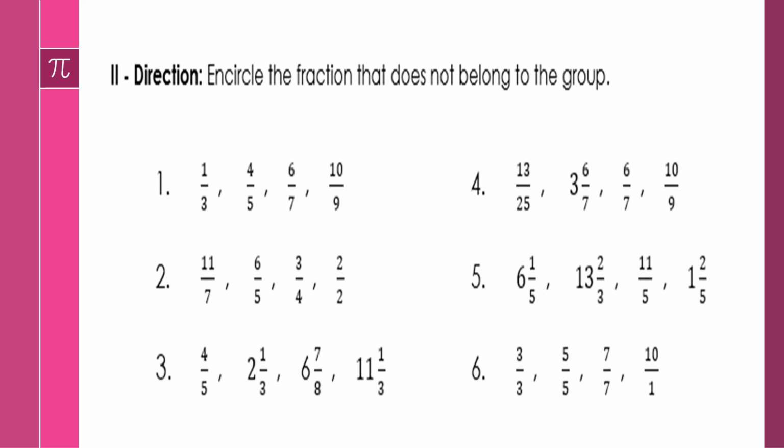Okay, next we have, all right, so encircle the fraction that does not belong to the group. As you can see, all these are 4/5, 6/7, 10/9, and 1/3. The other three are proper fractions while 10/9 is improper. And number 2, we have whole. So this one is the correct answer because 3/4 is the only one in lowest term.